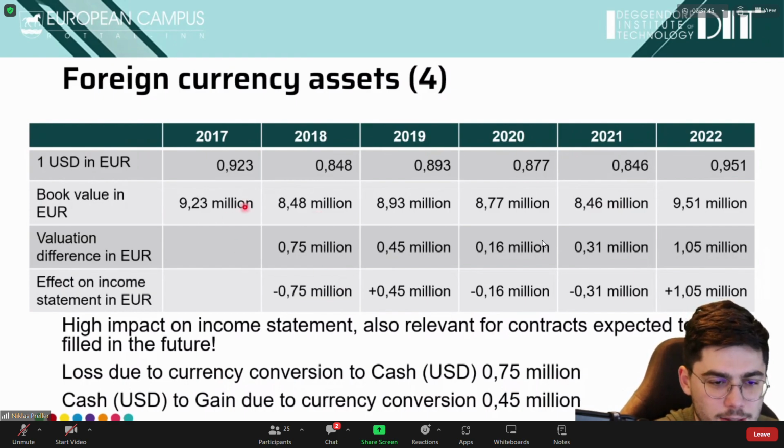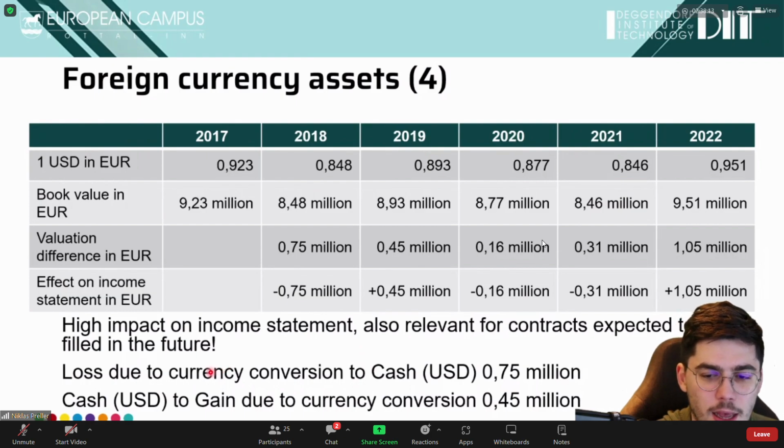In this case, we have to show that, of course, on the income statement, because then we sell all our US dollars and get 8.48 million euros. And then that would be on the income statement. And we have those accounts down here. We have a loss due to currency conversion to cash.